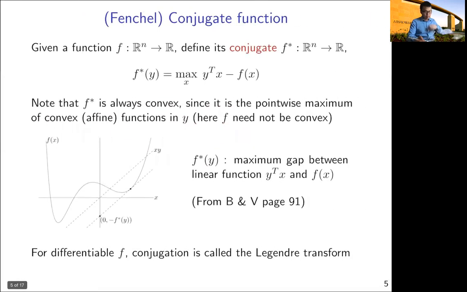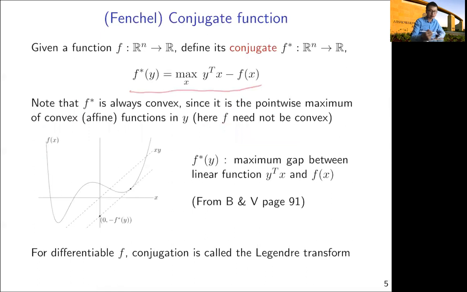So first let's define the conjugate functions. Let's say that we have an arbitrary function that maps from R^n to R. We can define its conjugate f star using this quantity. You put f here, you have this linear function y transpose x.